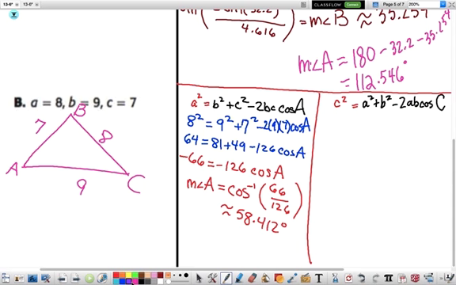48.2 for C? All right, thanks, Kate. So it should be calculating, trying to find out what it is.